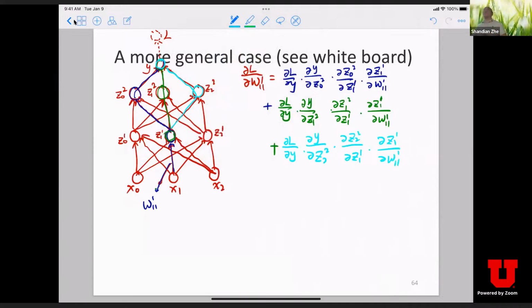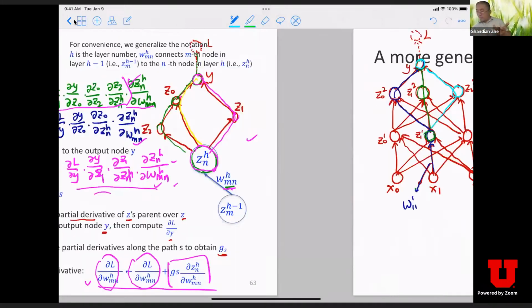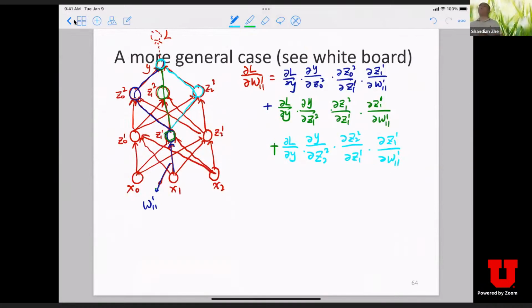So now we just follow the protocol to compute this. First, we found that for every path, we finally need to compute partial Z11 over the weight, right? They're a common factor, so let us just take them out. We have this, and add them together.